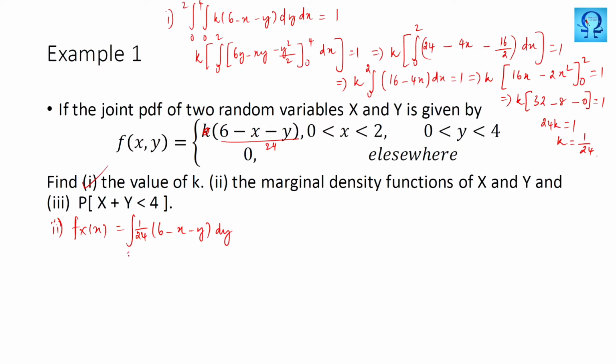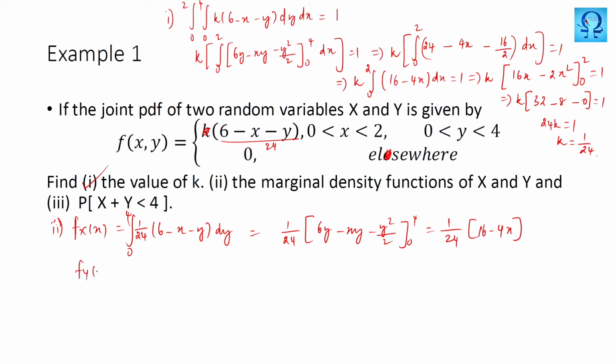So 1 upon 24 is a constant, so we take it outside. This is 6y minus xy minus y squared upon 2, from 0 to 4. If you substitute this limit, what you get is 1 upon 24 times (16 minus 4x). So this is your marginal density of x.